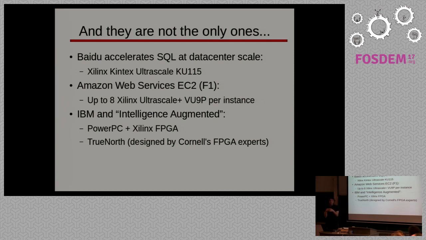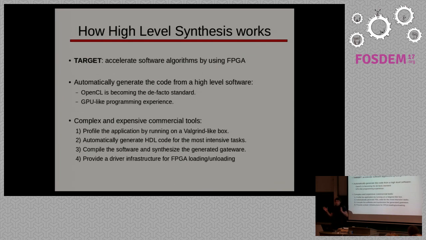So after these examples, let's focus on how high-level synthesis works. Well, the target is to accelerate software algorithms by using an FPGA. What does this mean? We want to automatically generate code from a high-level definition. For example, OpenCL, the language that is used in CUDA, for NVIDIA and other hardware platforms for acceleration, is becoming the de facto standard for most of the FPGA vendors too, namely Xilinx or Intel, formerly Altera.